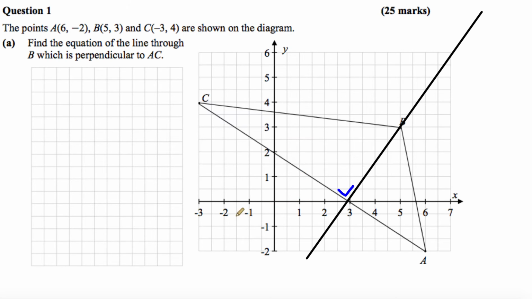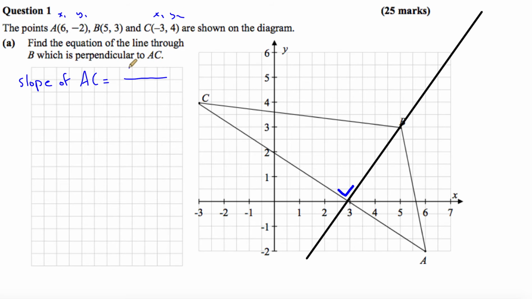So if we find the slope of AC, then we'll be able to find the slope of a line perpendicular to that. So the slope of AC is equal to subtract the y's over subtract the x's. So if we have AC, we can call this x1, y1 and this x2, y2.